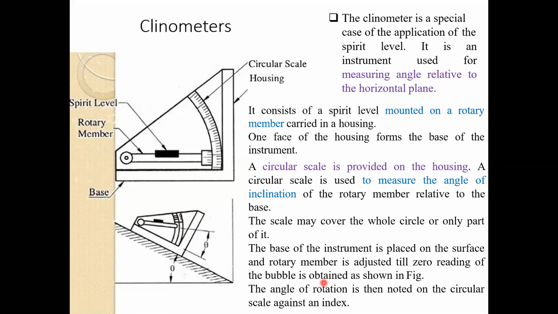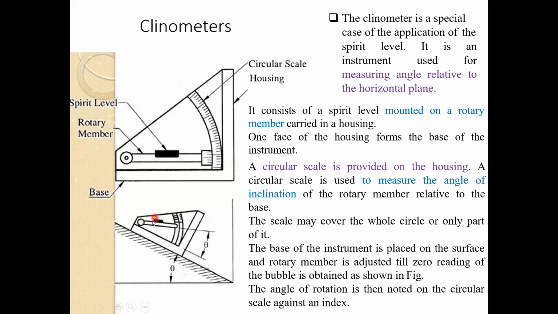If you place the clinometer on the work part to be tested, the spirit level bubble position will show some reading, but you have to nullify it. Always try to bring the bubble position to zero.